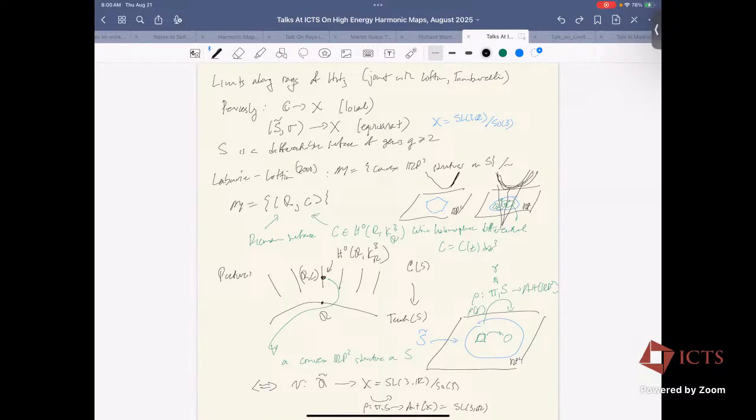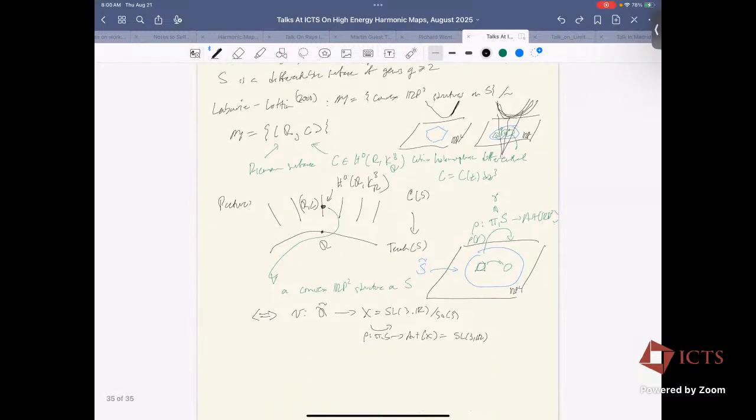Right. And as I said last time, just to recap a little bit of this, how does this point define this?